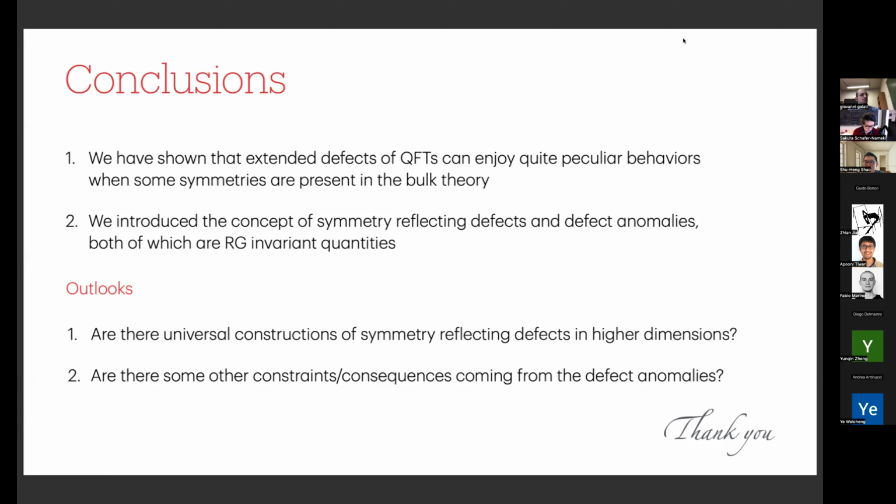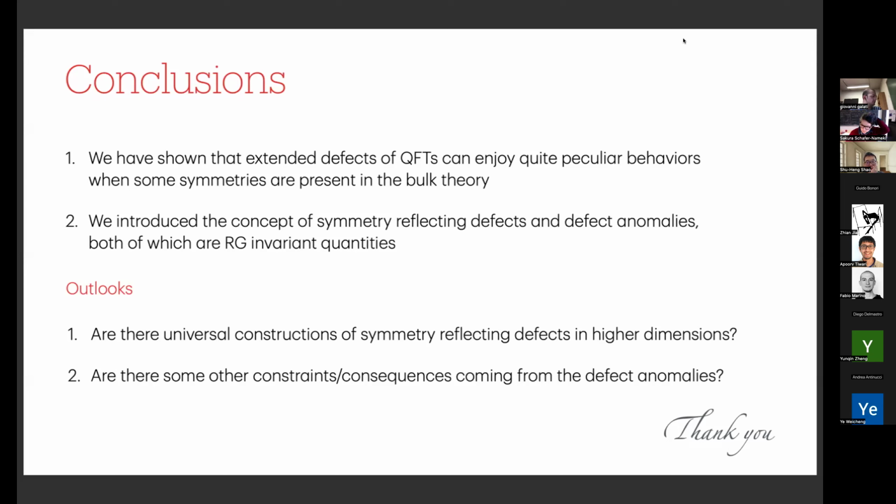I think one problem can be that I don't know how to classify. There is no classification of this symmetry reflecting property, while for anomalies, at least in our examples, it is always classified by some cohomology group. But I don't know if there is some discrete quantity that makes the defect symmetry reflecting. Yeah, I didn't think about it.